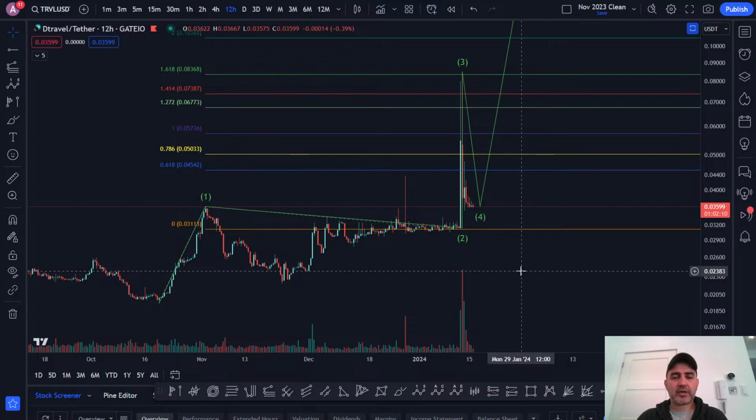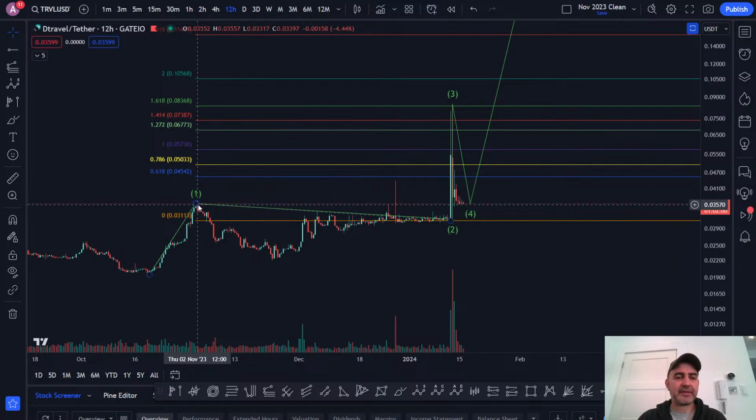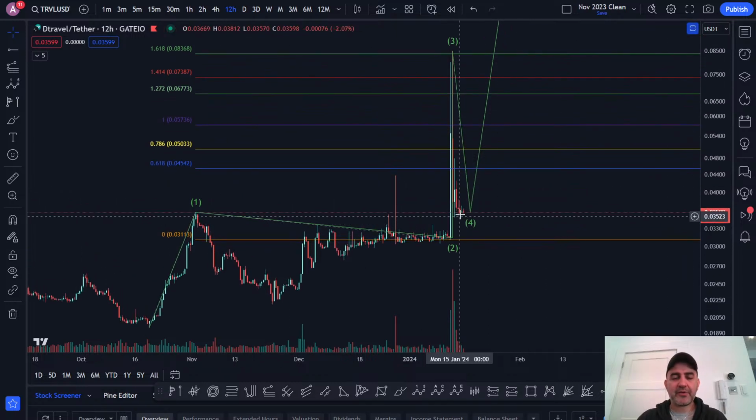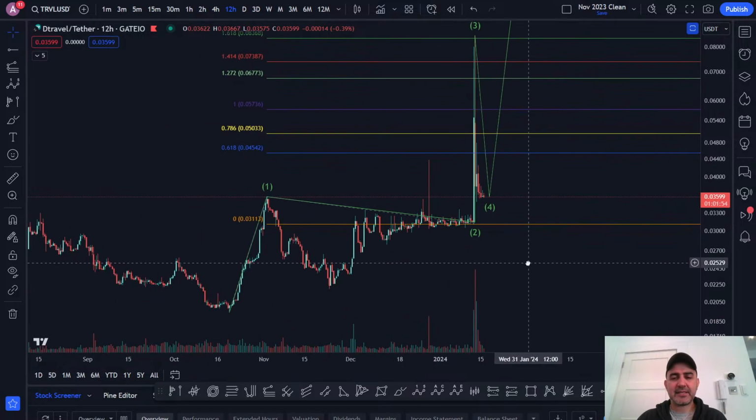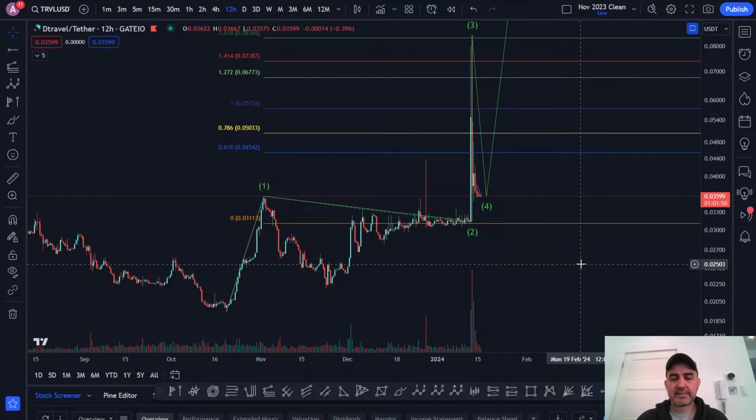So according to Elliott waves, the 4 cannot come underneath the 1. So if we are at the 4 now, for this to be valid, it has to hold here. And it looks like it's holding.